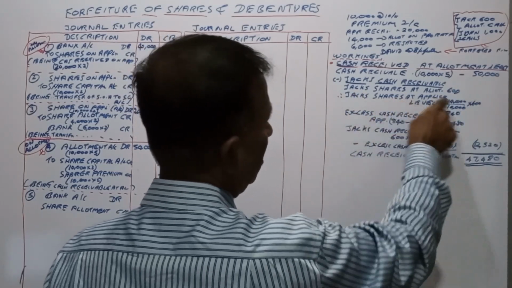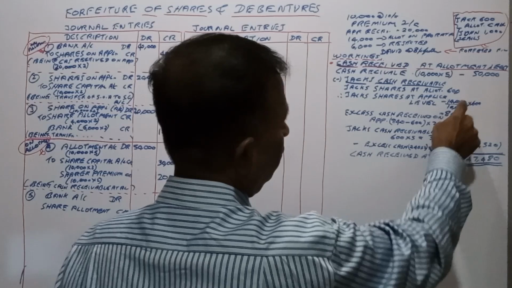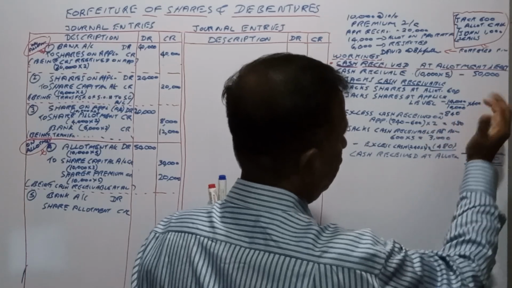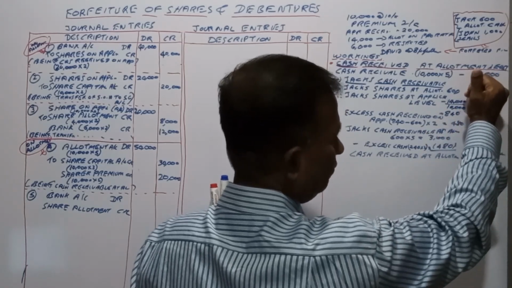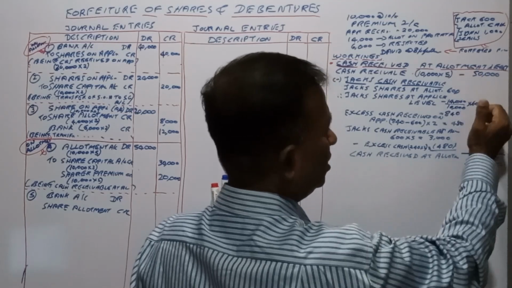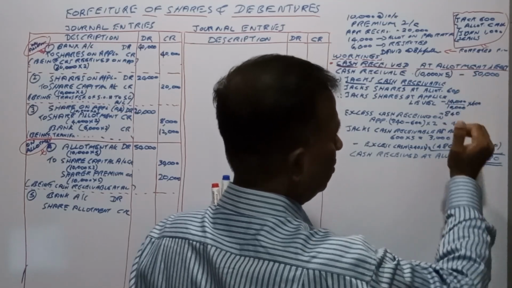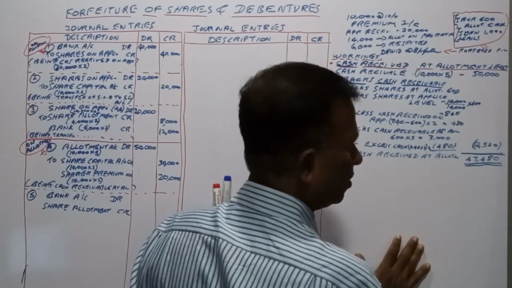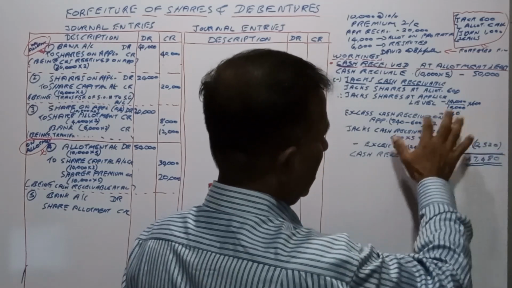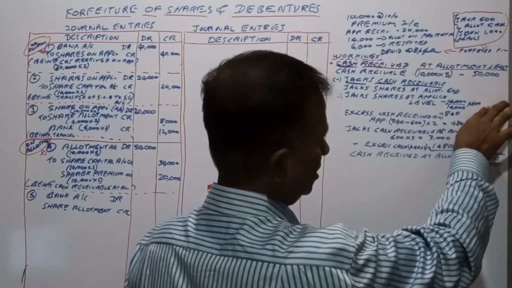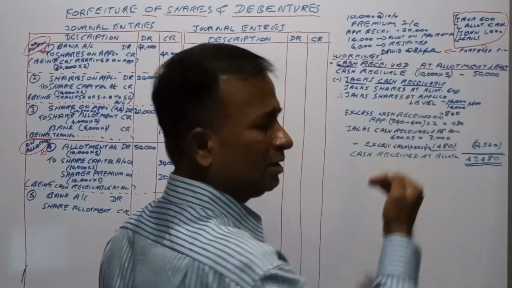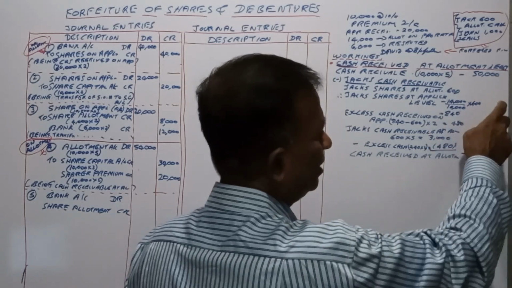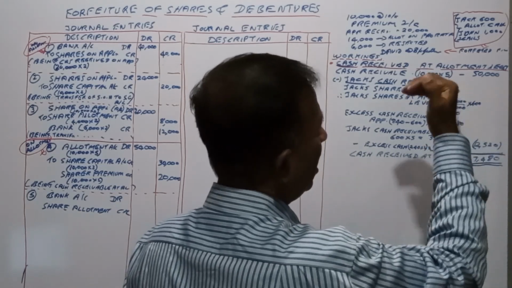Jack's shares at application level: 14,000 divided by 10,000 into 600, because the people who have applied for 14,000 got 600 on pro rata basis.